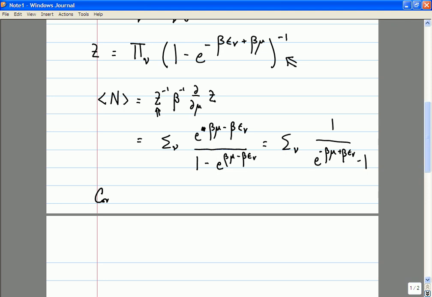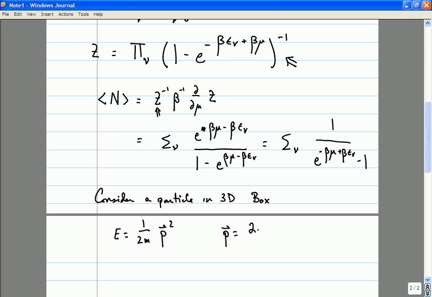So let's consider the following example. Let's consider a particle in 3 dimensions, and let's take some 3-dimensional box. So that the energy will be 1 over 2m times the momentum squared of the particle. And the momentum is going to be quantized.